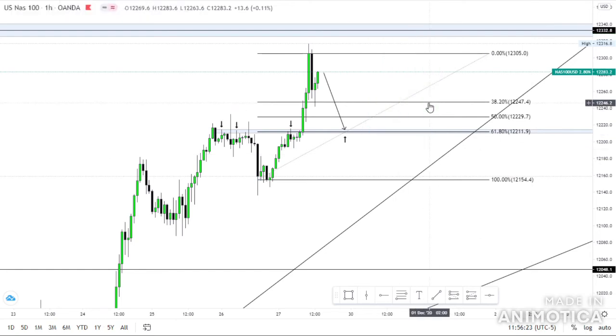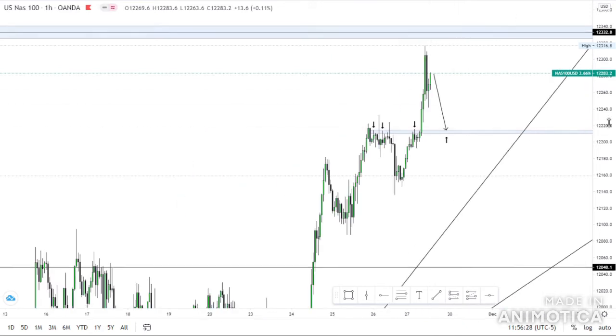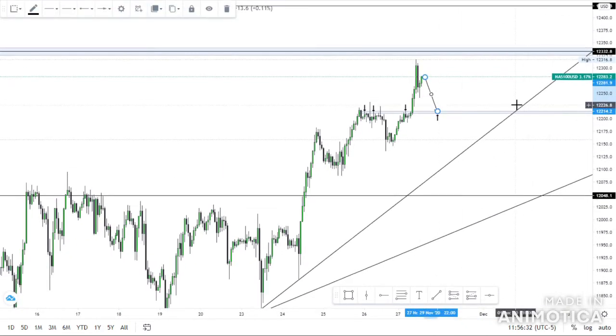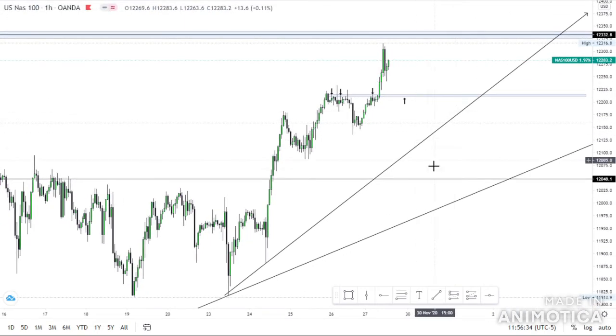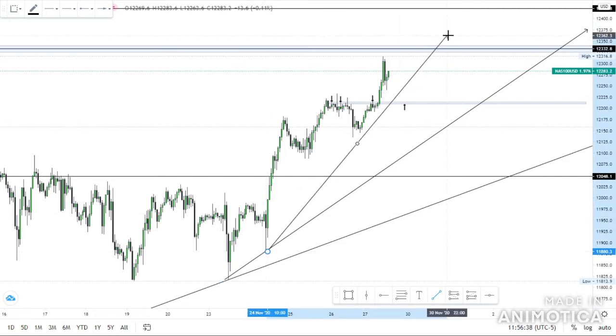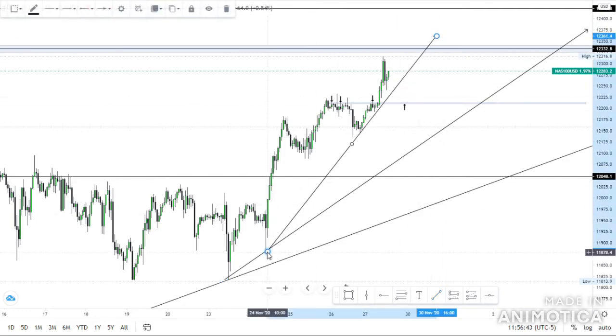But if price decides to push much lower, you could look at something like this. You could have another trend line right here. That's your inner trend line, which we can use for selling opportunities.